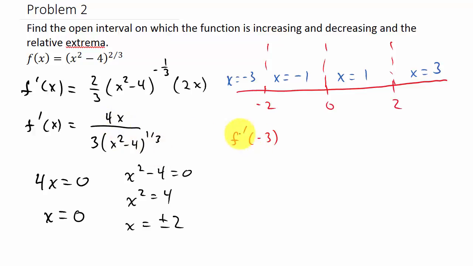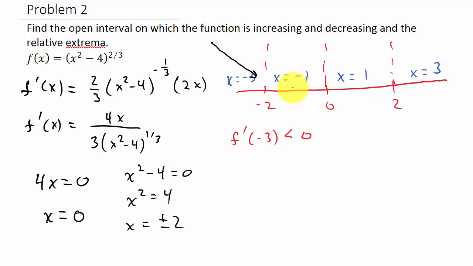If I plug the -3 in, 4 times -3 is negative. Down here, that's going to be 9 minus 4, which is positive. So in the numerator I'll have a negative, denominator a positive. A negative over a positive is negative, so that's less than 0. Since it's negative, on this interval our function is decreasing.